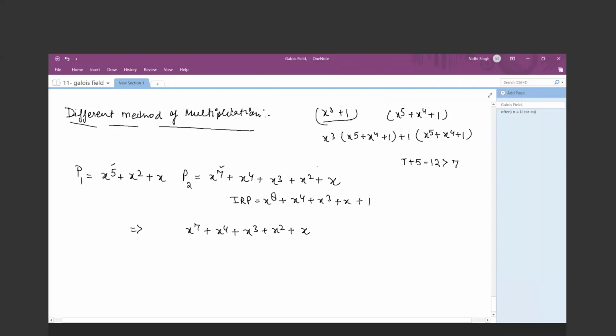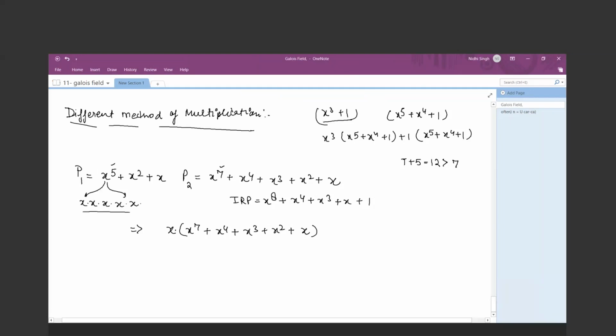In the traditional method, we multiply each term of the polynomial with the second polynomial in a group. The highest power in P1 is 5. Suppose we perform the multiplication of polynomial P1 the first time, this x is divided into 5 parts, that is x, x, x, x, and x.